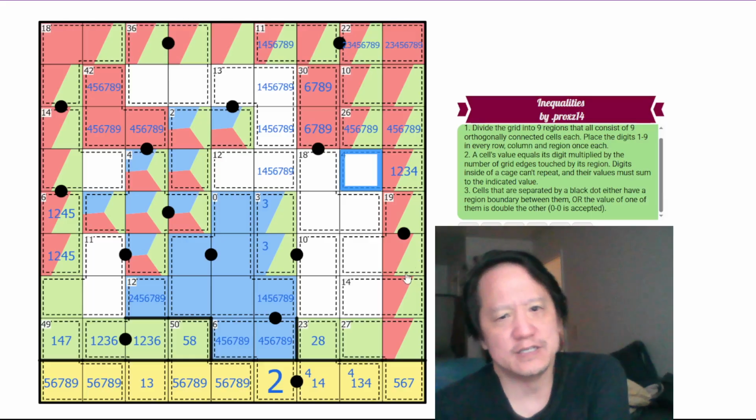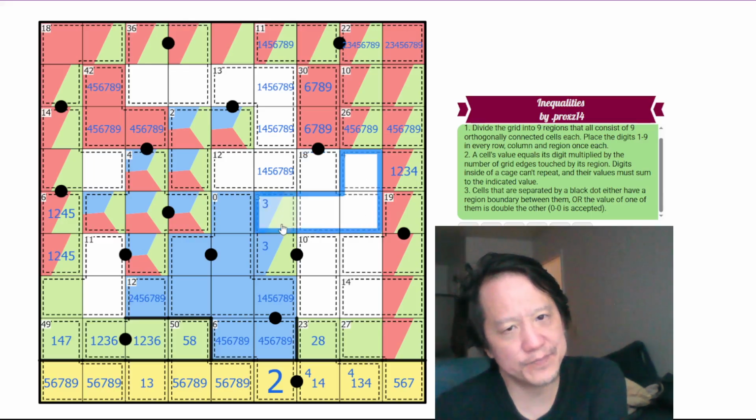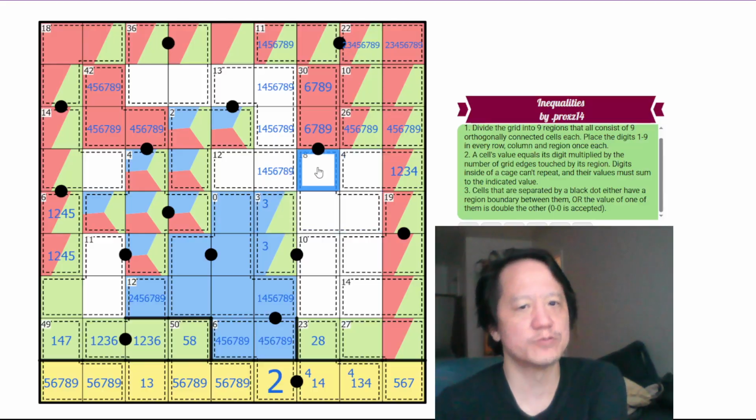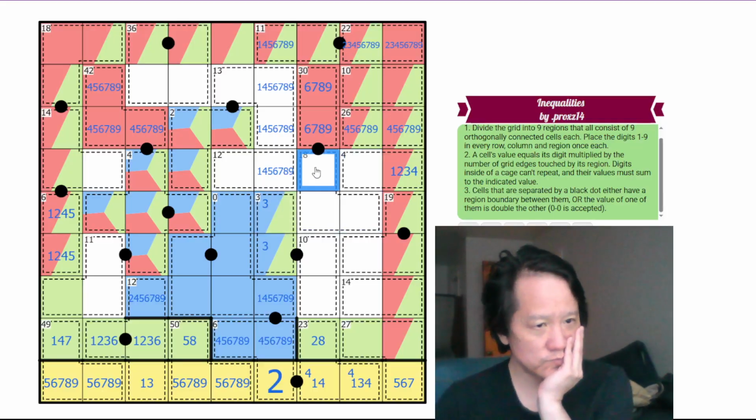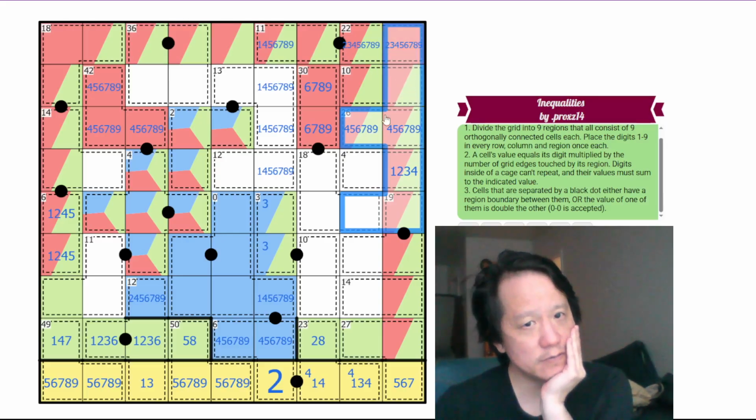Can this actually be 0 here? Yeah, you could have a double here of 9. You could go 0 that way. And this would be a double of 9. Or 0 this way. And then this is a double of 9. 4, 5, 6, 7, 8, 9.